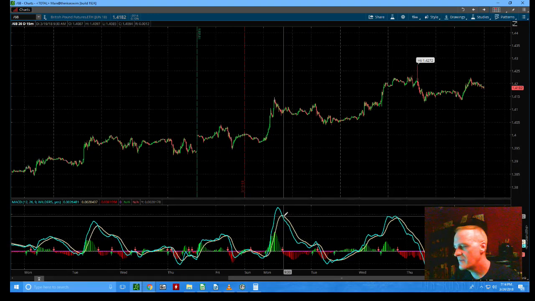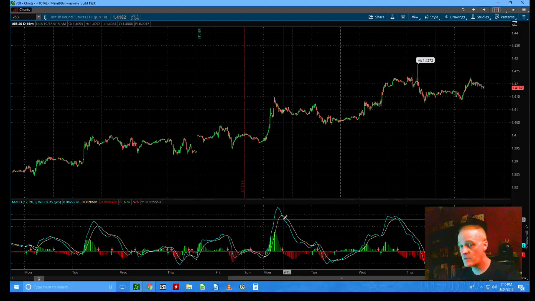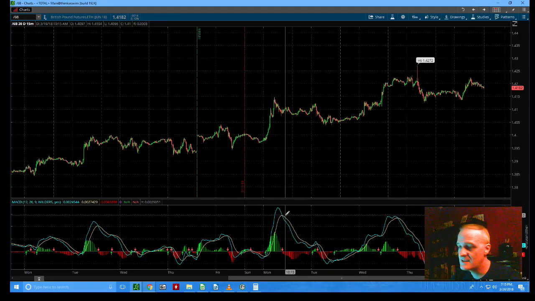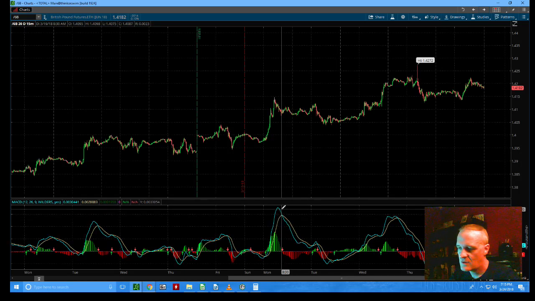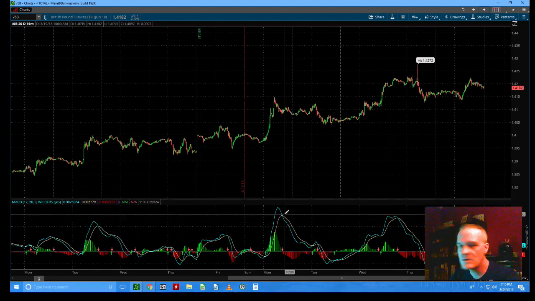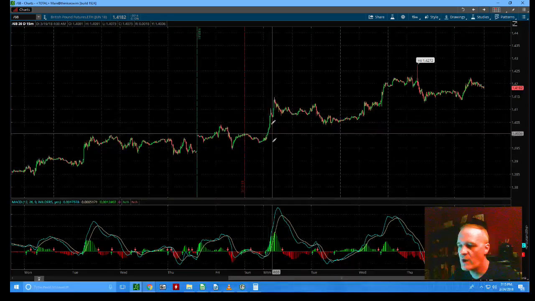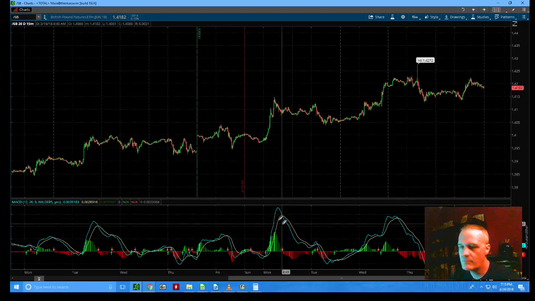One of the things that I find in my experience is that these crossovers are stronger when they occur above or below the line. What I mean by that is, in this case, this fast signal crossed below the slow signal, which is a sell indicator, but it's coming out of a position where it's above the zero line.